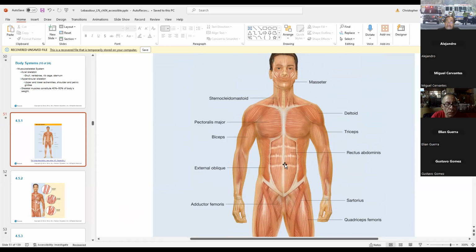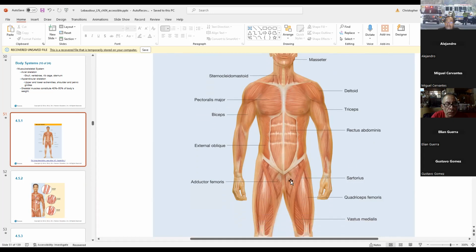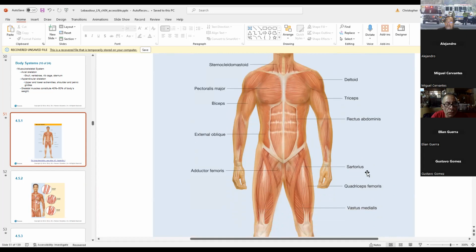Yeah, external obliques. Now these muscles right here in the stomach run in 3 different directions. Oblique means basically side to side. Rectus means up and down, which is the rectus abdominis. Of course, you have the quadriceps, and then you have your sartorius muscles, the vastus medialis also.